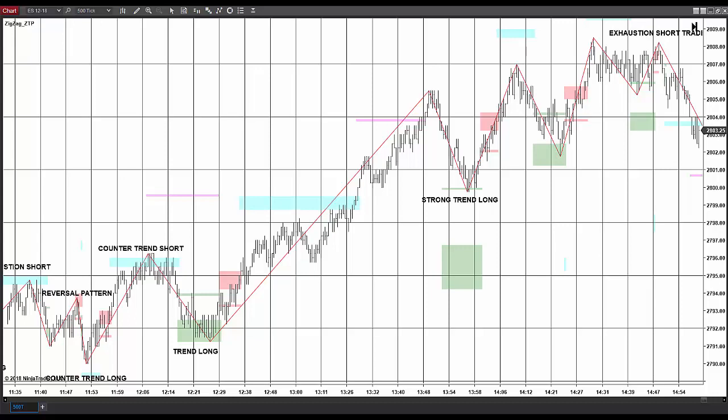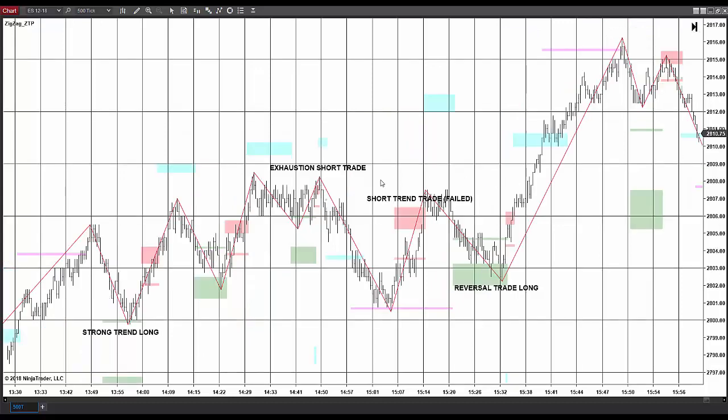Here we see another couple of extremely good trades with this exhaustion short trade here and this reversal long trade going into the end of the day.